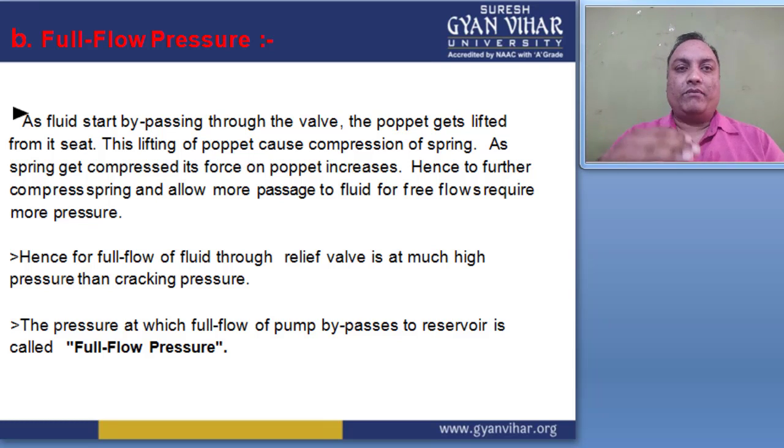Suppose that this is the extended position of the spring, and the contact position is only this much. So the spring is contracted and allows more passage to the fluid. For free flow it requires more pressure.